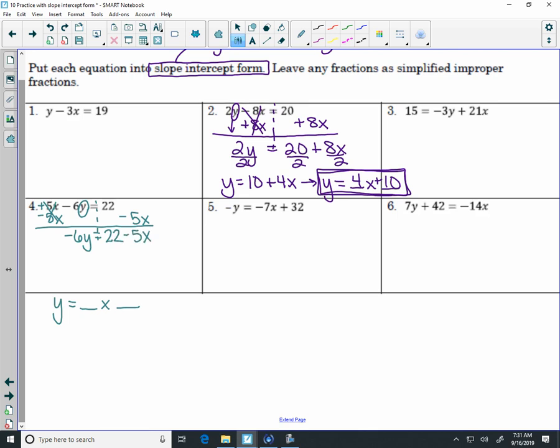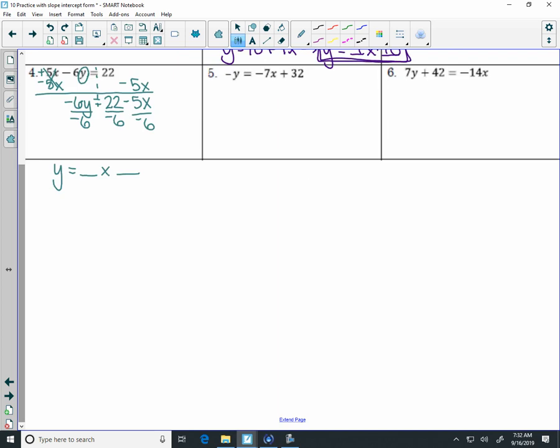And then the way that we undo the multiplication here is to divide. So I'm going to divide everything not just by 6y, not just by 6, but by negative 6. So I'm going to be careful here. All I have left over here is y. I have negative 22 over 6, and then that's a negative divided by a negative, so it's a positive 5/6 x.